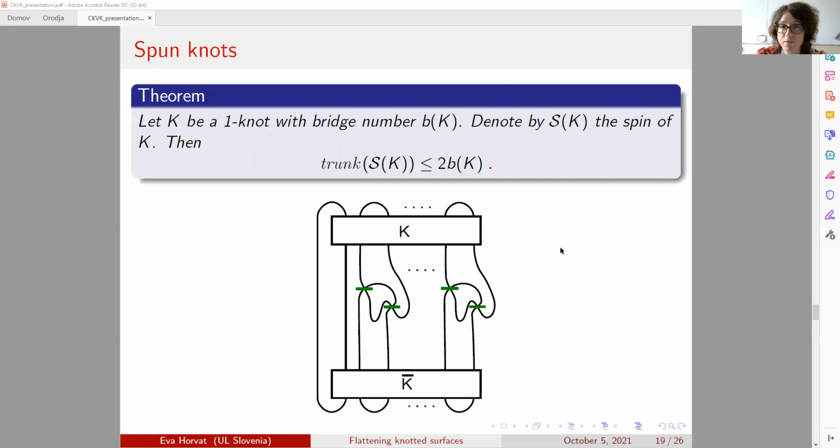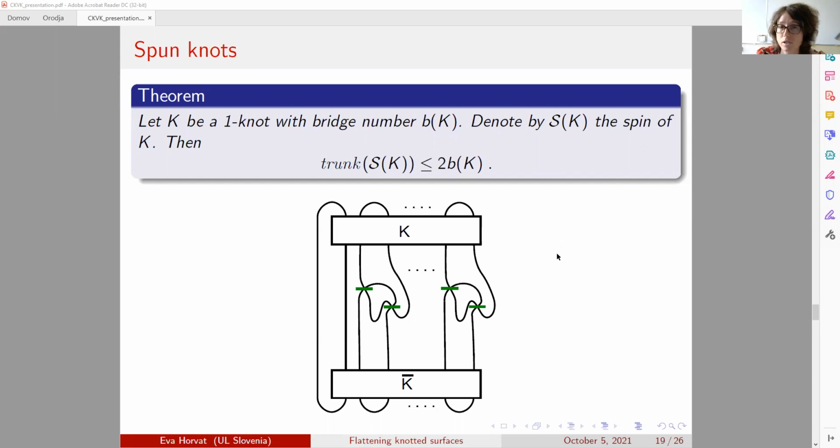Now we obtain this inequality. So if we have a one-knot k with bridge number B of k, then the spin of k will have trunk that is at most 2 times B of k. This is obtained by taking a suitable diagram of k that is given as the closure of a braid on 2B of k strands, and then deriving the diagram of the spin of k that is drawn here.